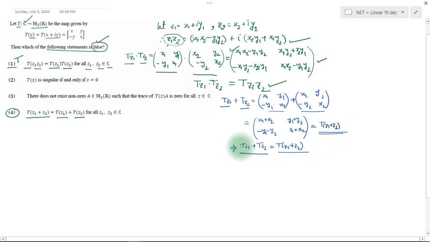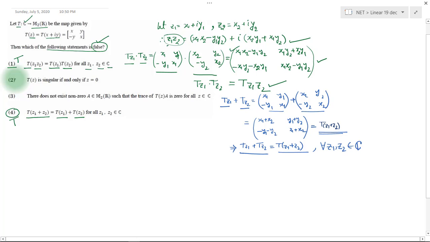So we have T of Z1 plus T of Z2 is equal to T of Z1 plus Z2 for all Z1, Z2 in C. So option 4 is also true.